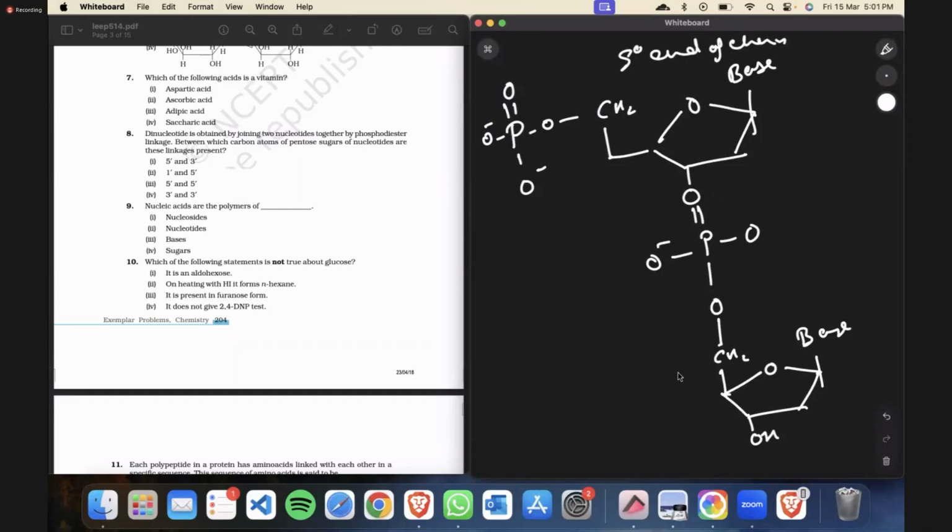And this is the 3-prime end of the chain. Alright. So this is called the phosphodiester linkage.